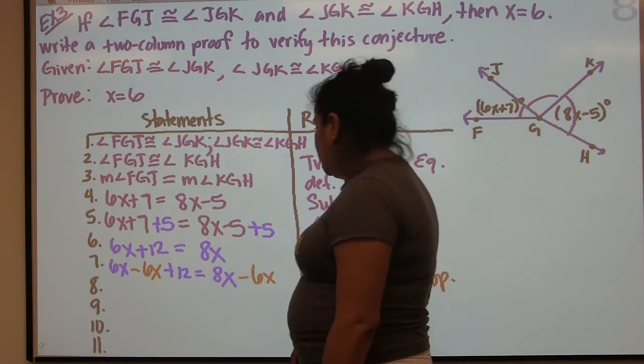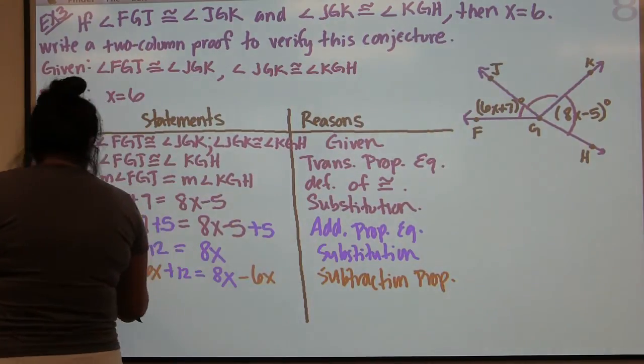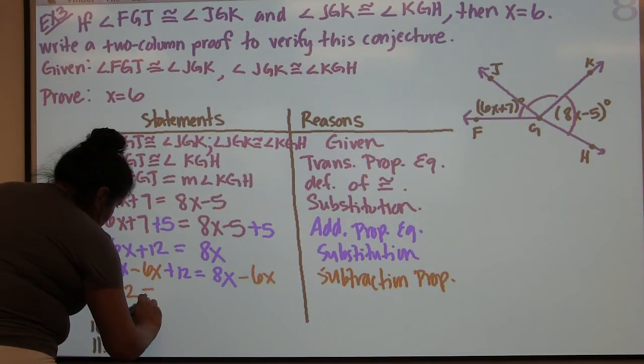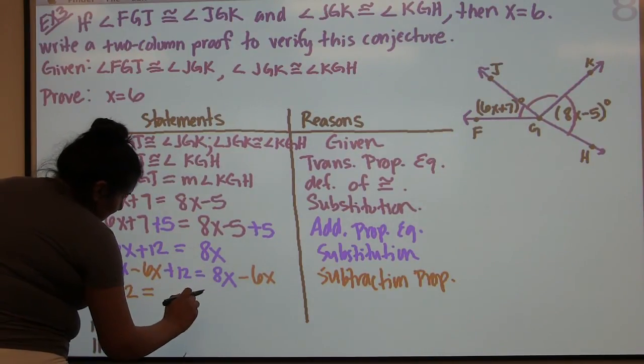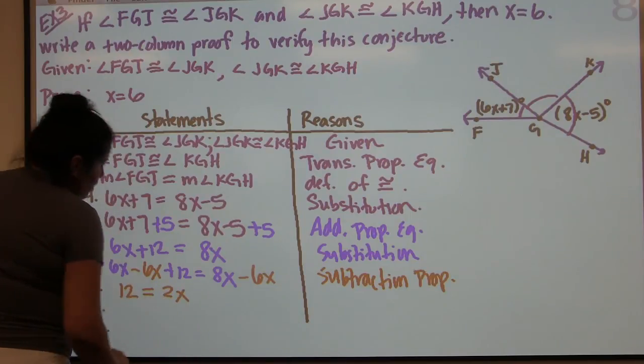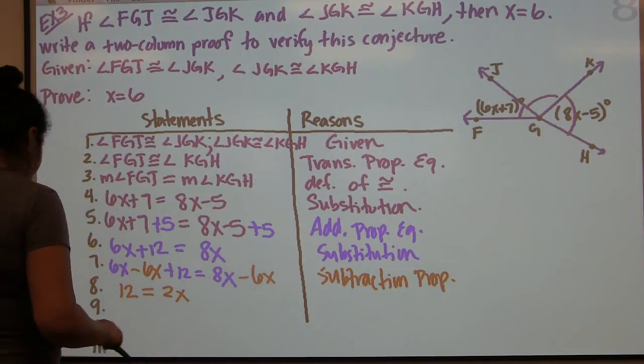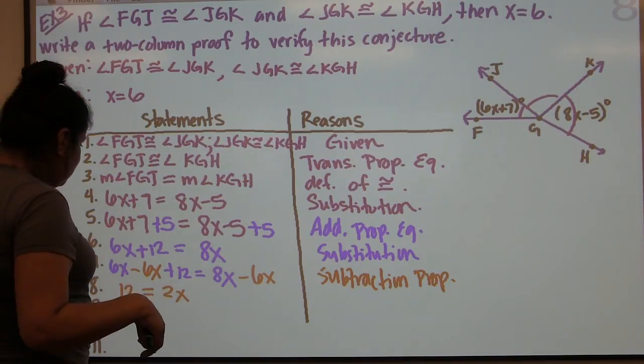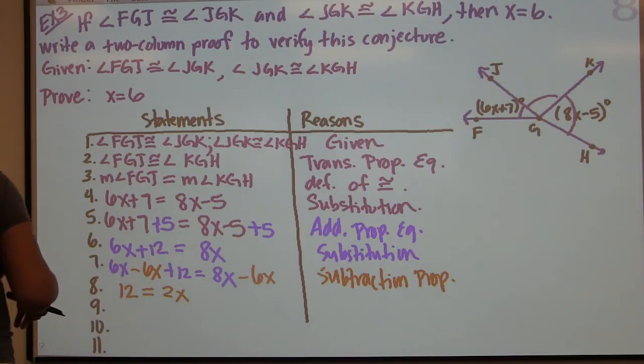And then I'm going to use substitution. Since 6x minus 6x is just 0, we're going to get 12 equals 8x minus 6x is 2x. So I'm replacing the 8x and the minus 6x with the 2x and replacing the 6x minus 6x with 12. So that's going to be substitution property.